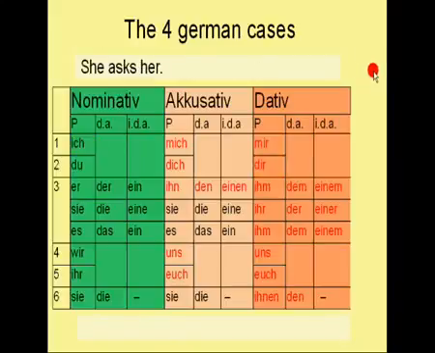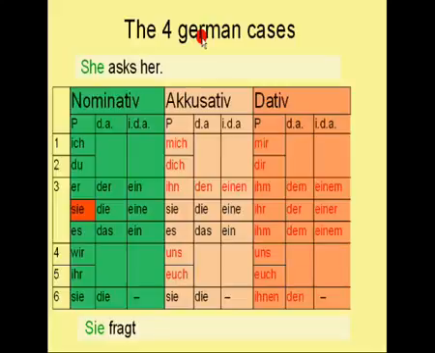Let's take another example. For instance, she asks her. She is the subject of the sentence, and it's the third person singular, and in German it's sie, and the verb is conjugated according to the subject. So if you remember from my previous lesson, to ask means fragen in German, and it's a regular verb and it's conjugated like that. Well, the question now is, what kind of object is the pronoun her?